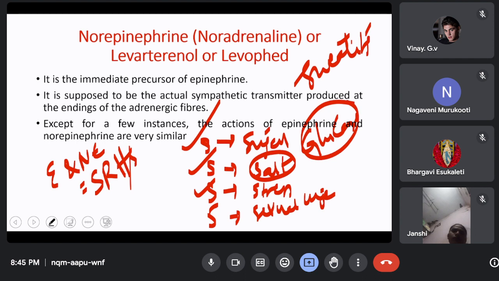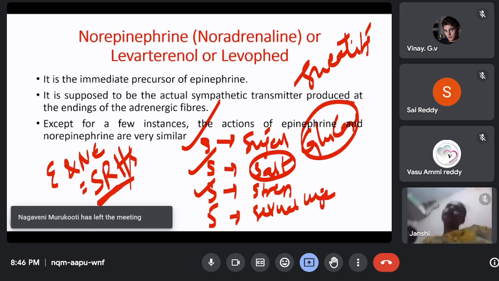Why? Because of the fight or flight response. That means these hormones are released whenever you get frightened. So energy is released, and the metabolism is brought to normal, so that the stress due to frightening, the fear, is decreased, and hence these are also called stress reliever hormones by certain scientists.